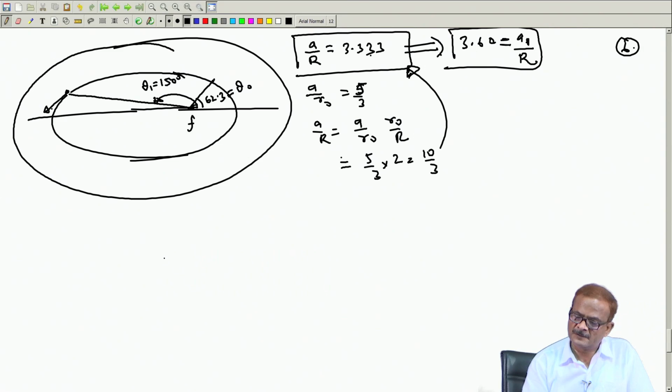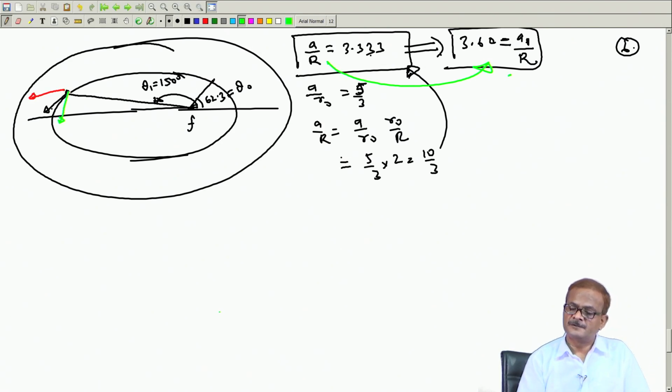Using whatever theory we have worked out till now, we have to determine what the velocity vector will be and in which direction the change in velocity has to be given, in which direction we have to give the impulse, so that your a changes from this value to this value, 3.333 to 3.60. This is the exercise that we need to do here.